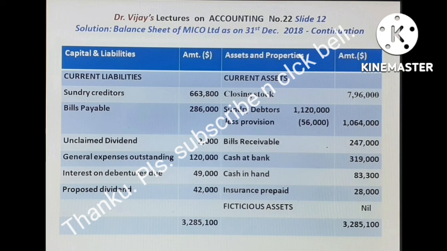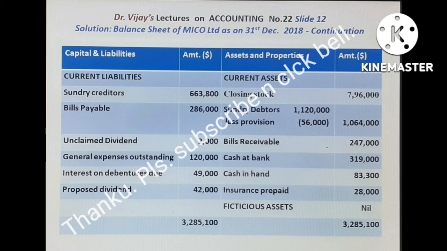Now on the asset side, current assets: closing stock, sundry debtors less provision for doubtful debts, bills receivable, cash at bank, cash in hand, and insurance prepaid. There is another heading, fictitious assets. There is no item in this problem which comes under that.